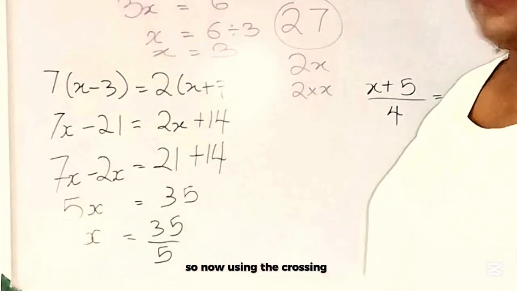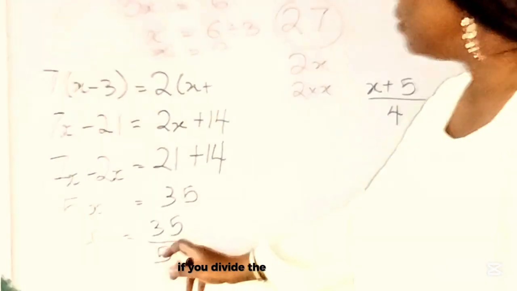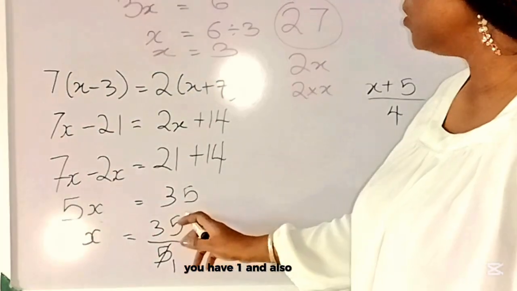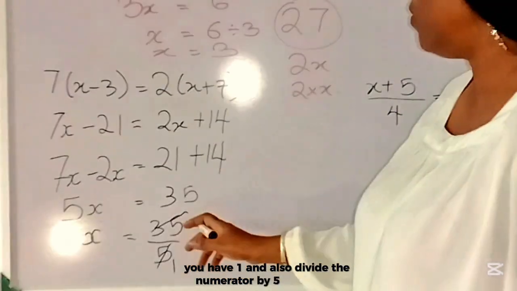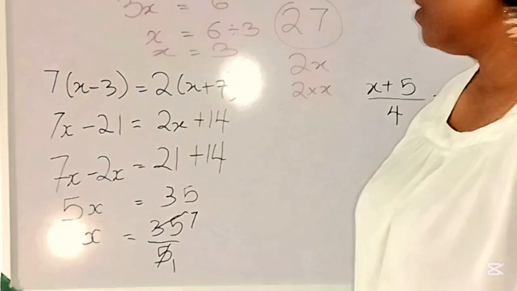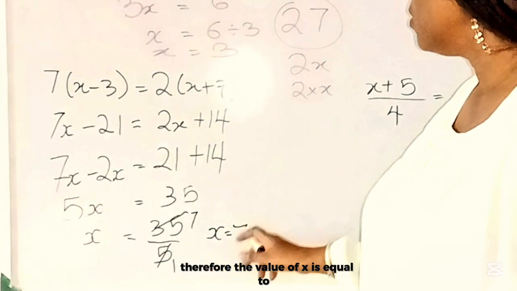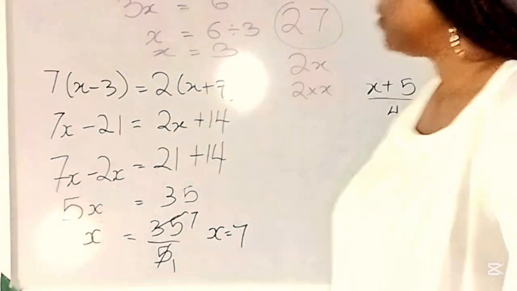So now using the crossing out method, if you divide the denominator by 5, you have 1. And also divide the numerator by 5, you have 7. Therefore, the value of x is equal to 7. Thank you.